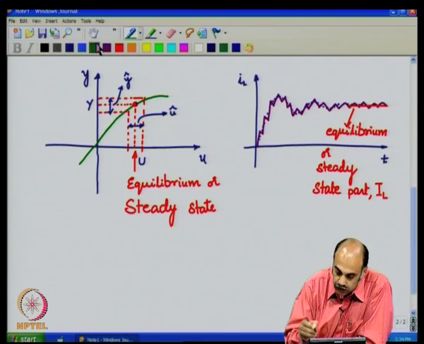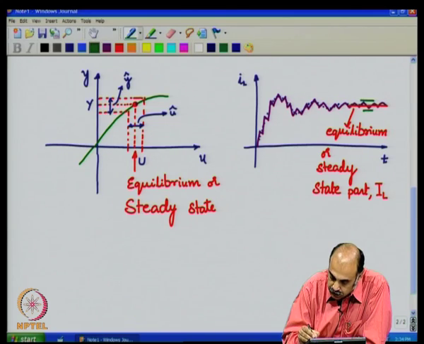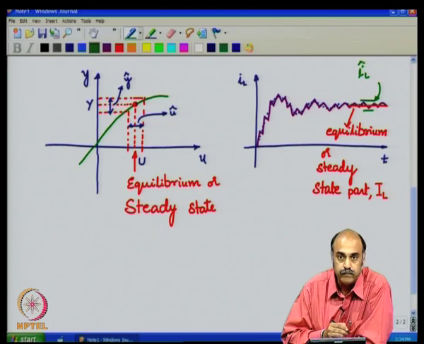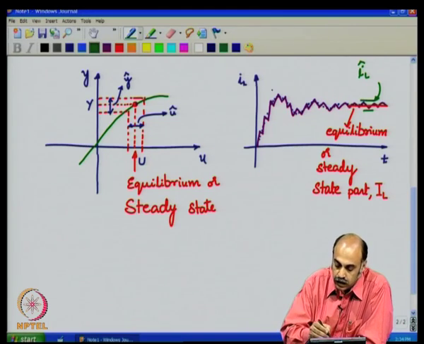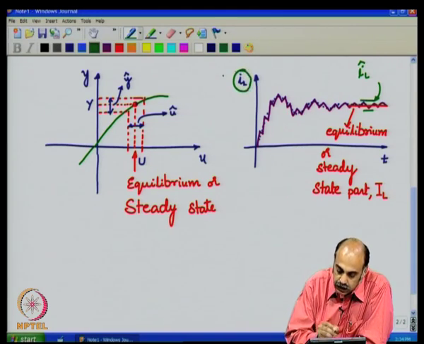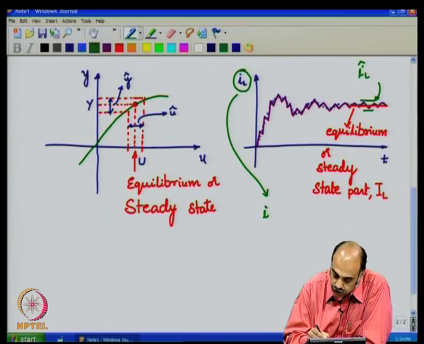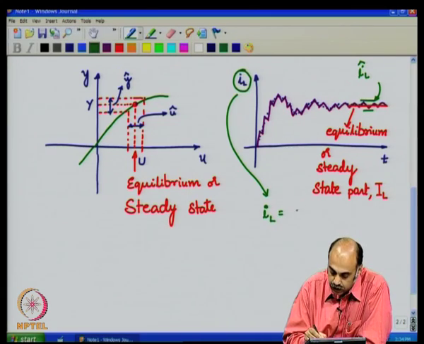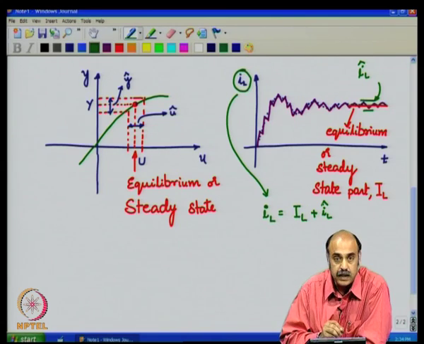And if you look at the deviations about the steady state, we will call it by a lowercase symbol with a hat. And the actual large signal, instantaneous IL, which is just plain lowercase, will be the uppercase symbol, the steady state part, plus the small signal part, that is the hat part.